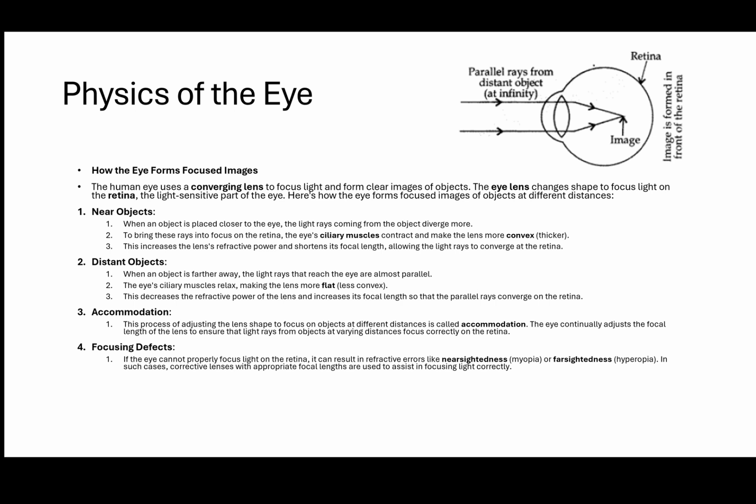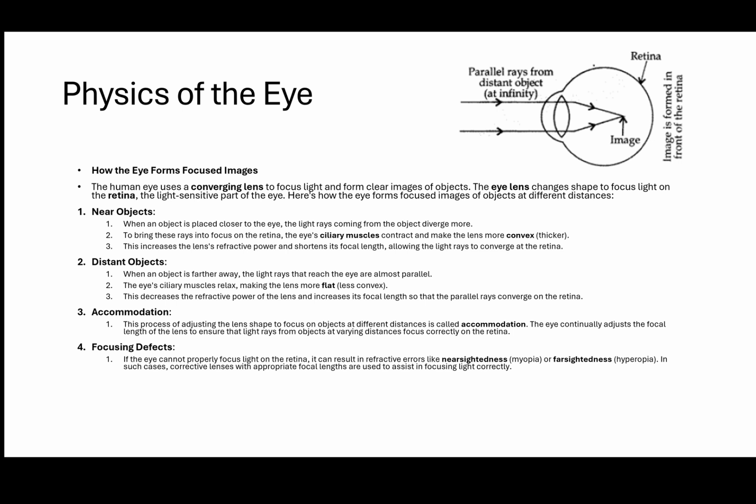So you have to understand how the eye works for near objects and distant objects, and that brings us to the concept of accommodation. When an object is placed closer to the eye, the light rays coming from the object diverge a bit more.